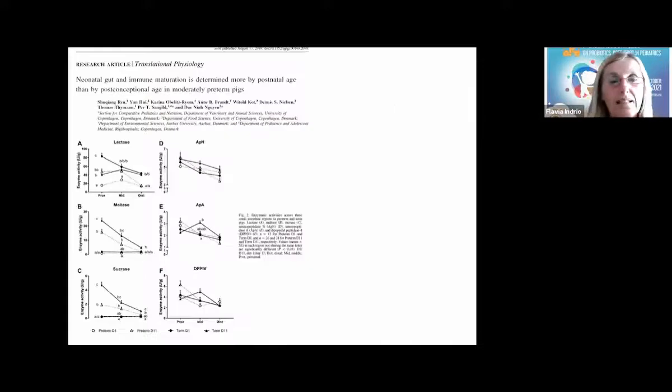Well, there is this nice study from Per Sangild and the group of Per Sangild in Denmark. They studied the preterm baby and the term baby. What they found was that the level of the enzymes lactase, maltase, sucrase, and also aminopeptidase A and aminopeptidase was different in the preterm baby and in term. And in the preterm baby, this level reached the normal level after 2 weeks of feeding.